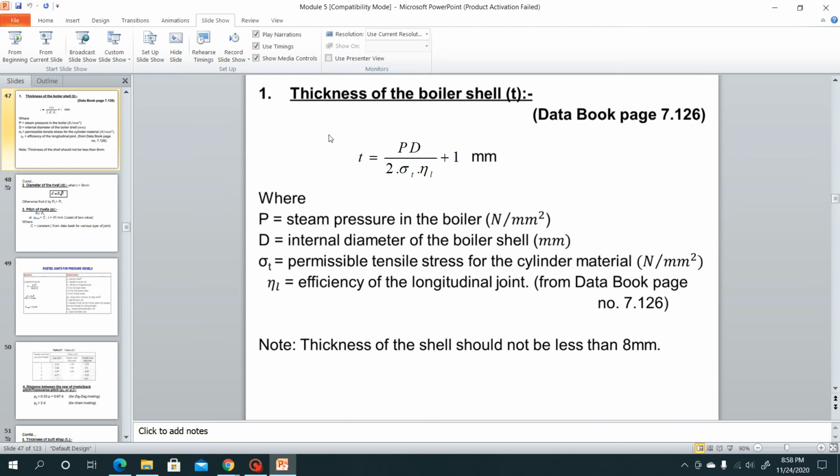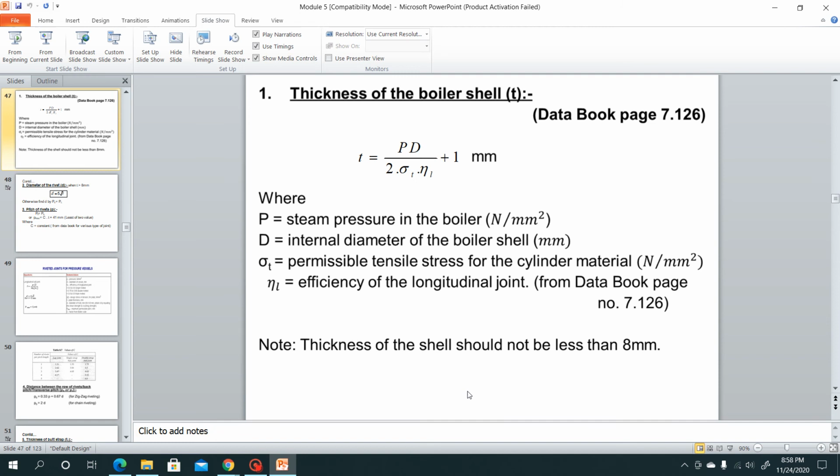After getting the thickness value, you have to check whether this thickness of the shell is less than 8 mm or more than 8 mm. I repeat, after getting the thickness of the boiler shell, you have to check whether it is less than 8 mm or more than 8 mm. Fine.